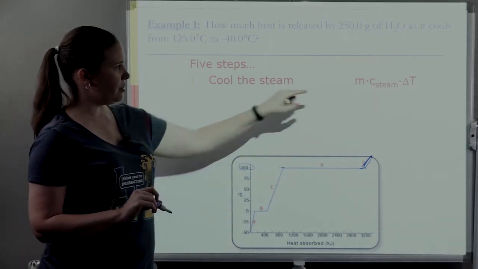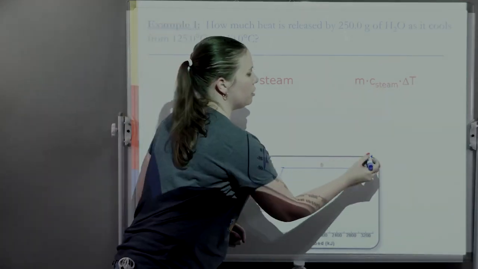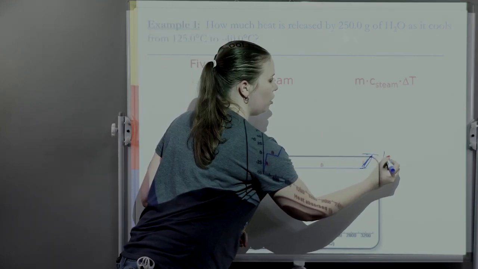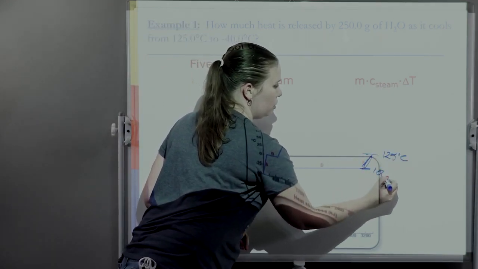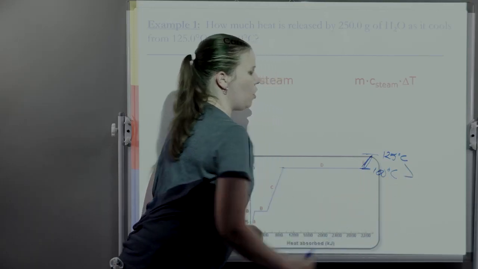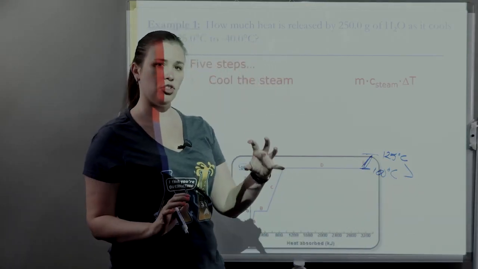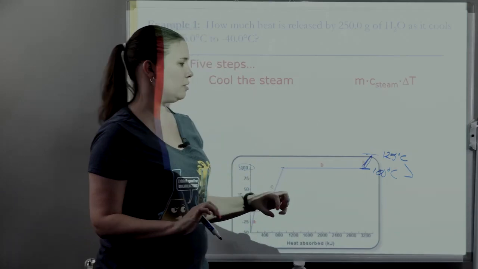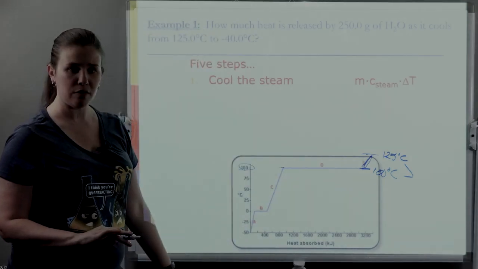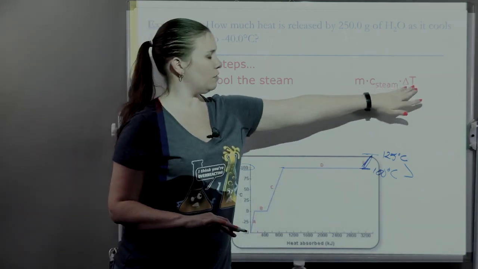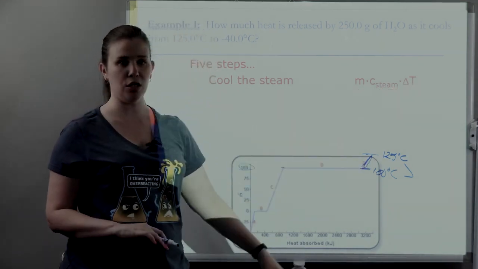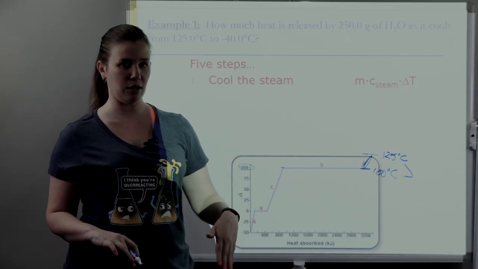Because I have the C of the steam, I want to look at the delta T of going from 125 degrees Celsius down to 100 degrees Celsius, only looking at that temperature change of 25 degrees Celsius. I'm going to handle the other parts of the temperature change in the appropriate sections. For this section of delta T, I'm only looking at the change from 125 down to 100.